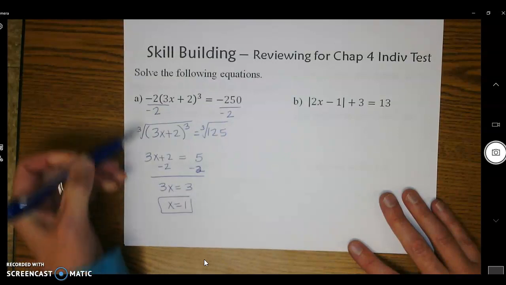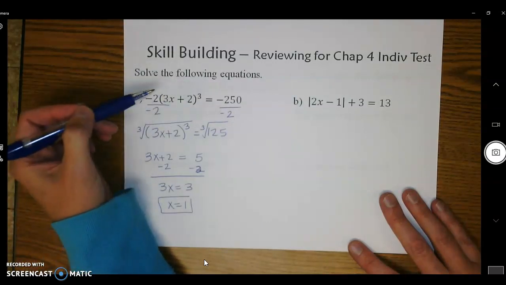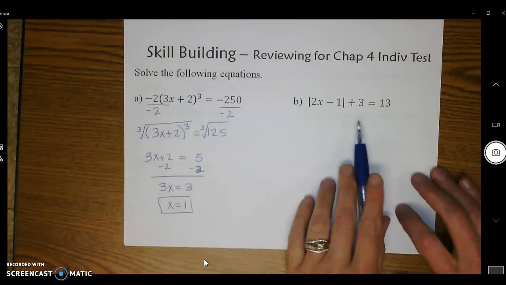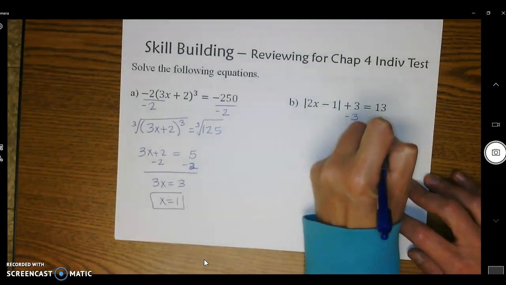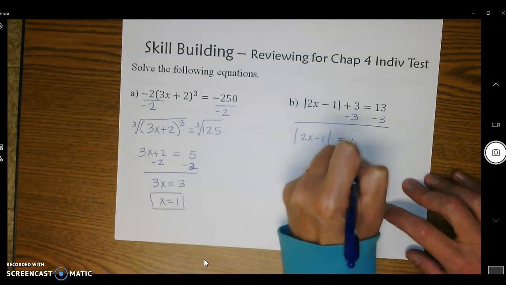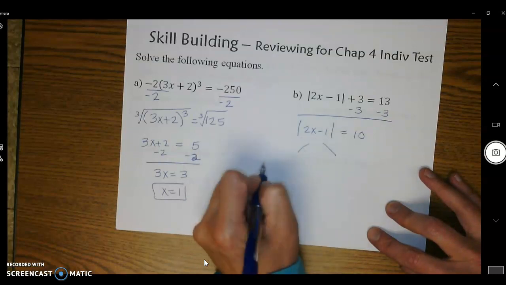And if you do a quick check, 3 times 1 is 3, plus 2 is 5, cube is 125, times -2 is -250. Next, we have an absolute value problem. We're going to get the absolute value by itself first. And then this turns into two problems because I can be 10 units away from 0 on both sides.